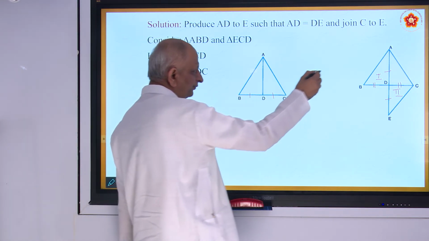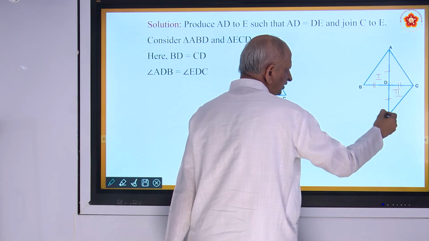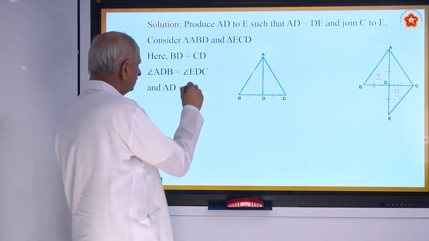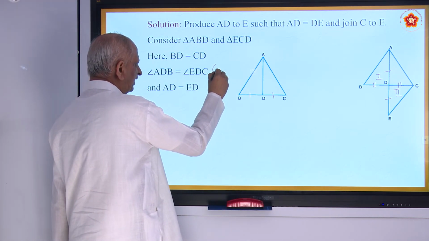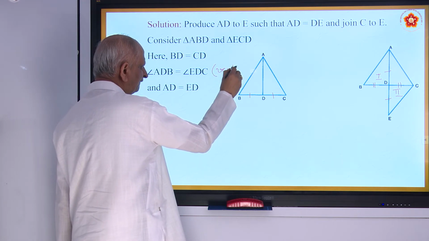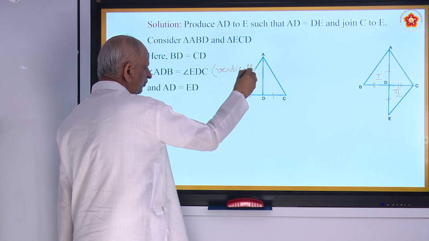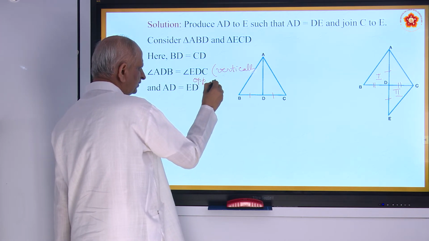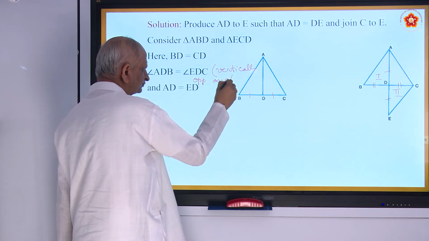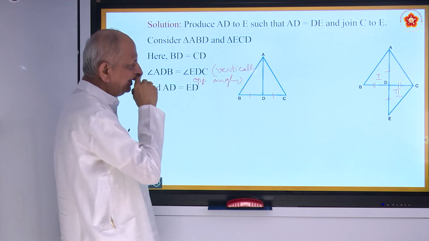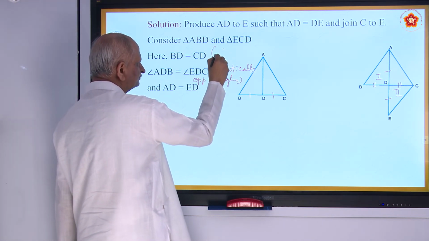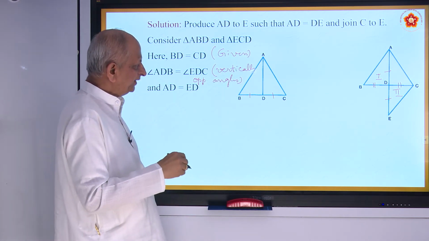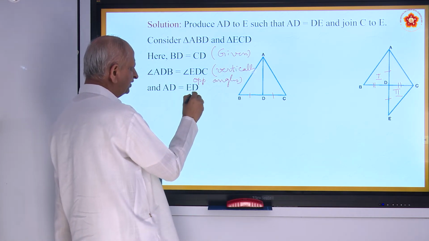See here, ADB is equal to EDC. They are called vertically opposite angles, VOA. And BD is equal to CD because it is given median. And AD is equal to ED because it is construction.